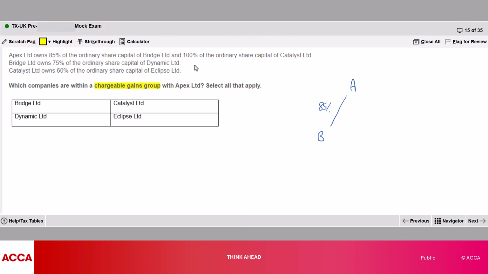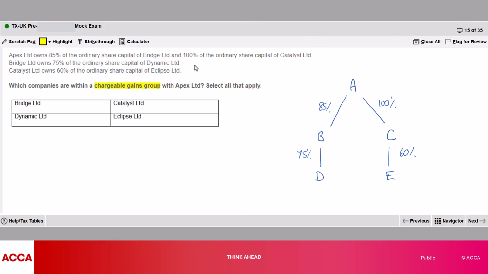A owns 85% of B and 100% of C. B and C are then direct subsidiaries of A. We're also told that B owns 75% of D, and C owns 60% of E.